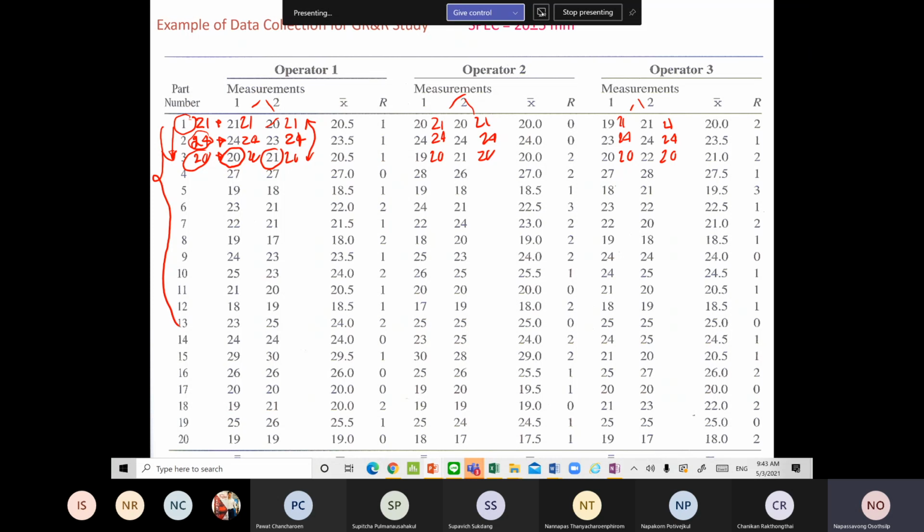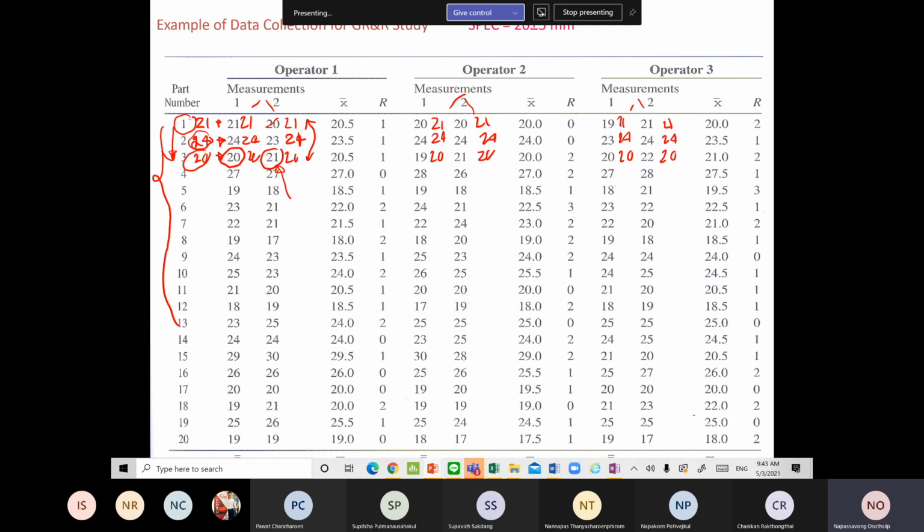And if we measure only one time and get 21, we will believe that part number 3 is 21, right? If we have operator 1 measure it, we will believe that this part is 21, but actually it's 20. So that means we get an incorrect result, right?